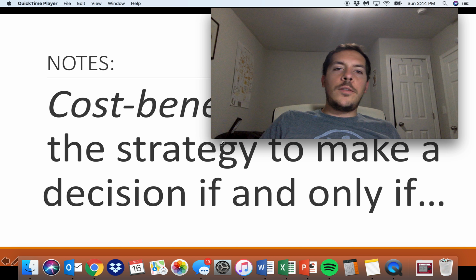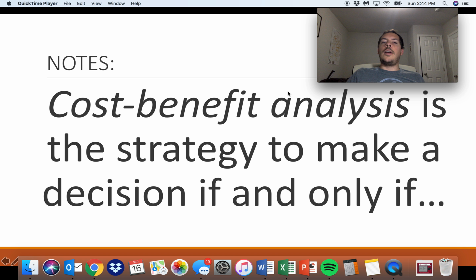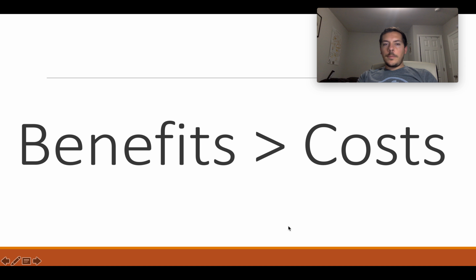That strategy is called cost-benefit analysis. You should only say, yes, I'm going to do that with my time if the benefit of the decision is greater than the cost. That's cost-benefit analysis, in one sentence.